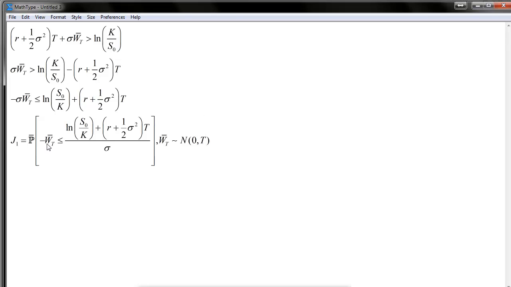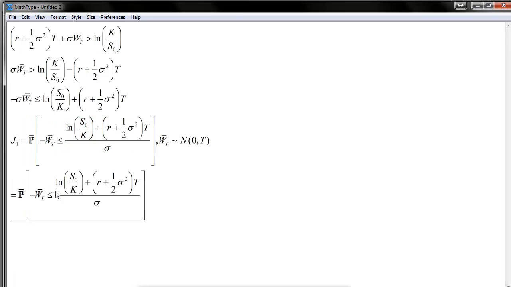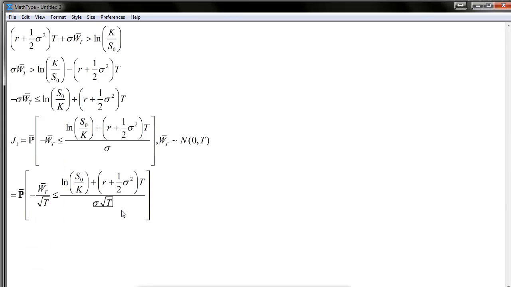So if we divide this variable by the square root of t, we get standard normal. So this is equal to the probability, and we standardize this variable by the square root of t, so we get standard normal over here.